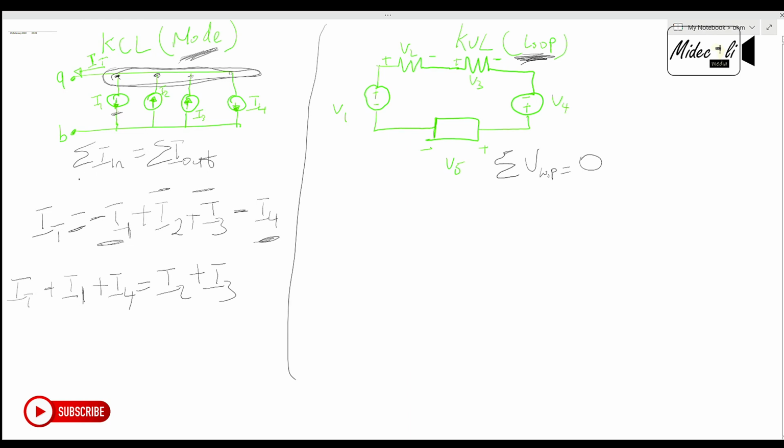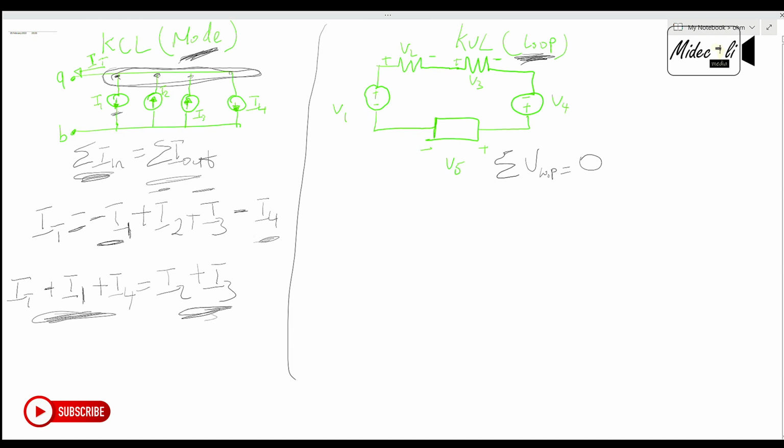That states that in is equal to out. So these currents equal these currents. I just brought like terms to one side. These negative guys cross to this side, so we can all be positive equals positive. That's what I did here.